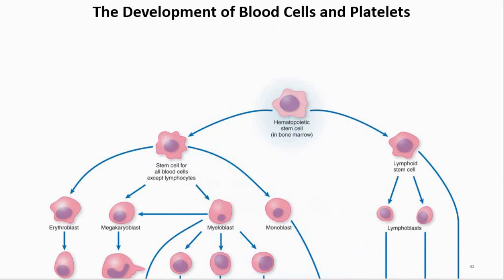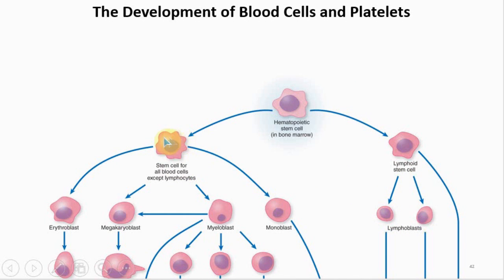Let's break this down a little bit. Here's the stem cell up here, and it has the choice to either become a stem cell for one of these blood cells or a lymphoid stem cell, which will eventually become a lymphocyte. They differentiate into a lymphoblast, which will either become a T or a B cell.